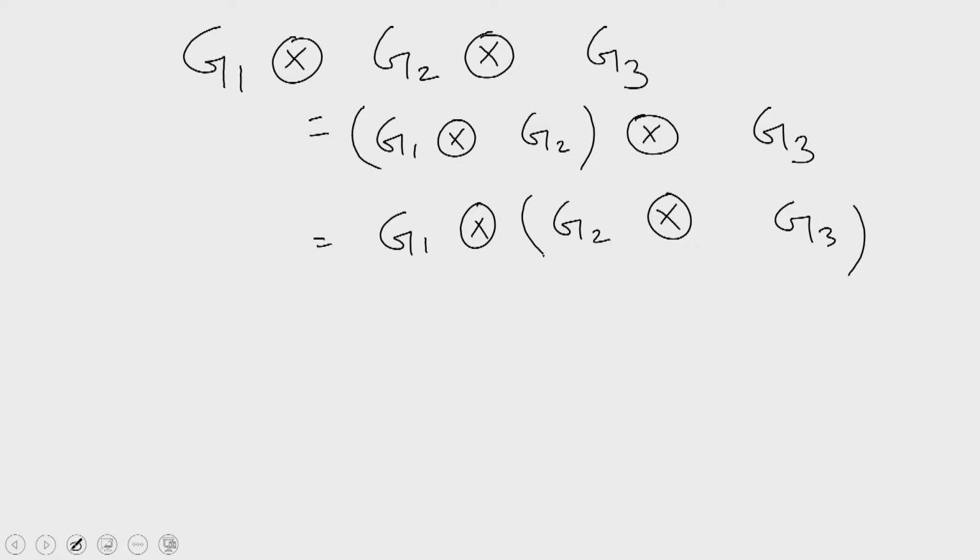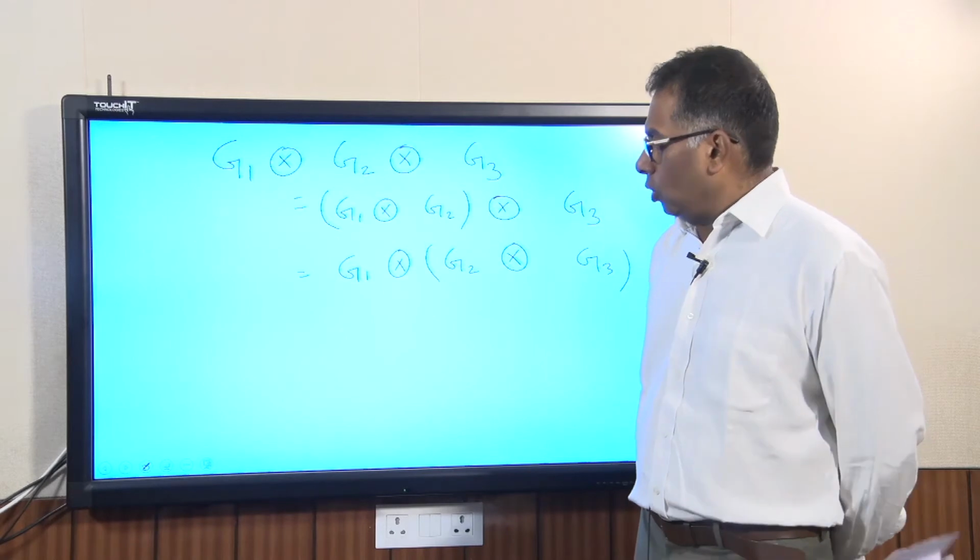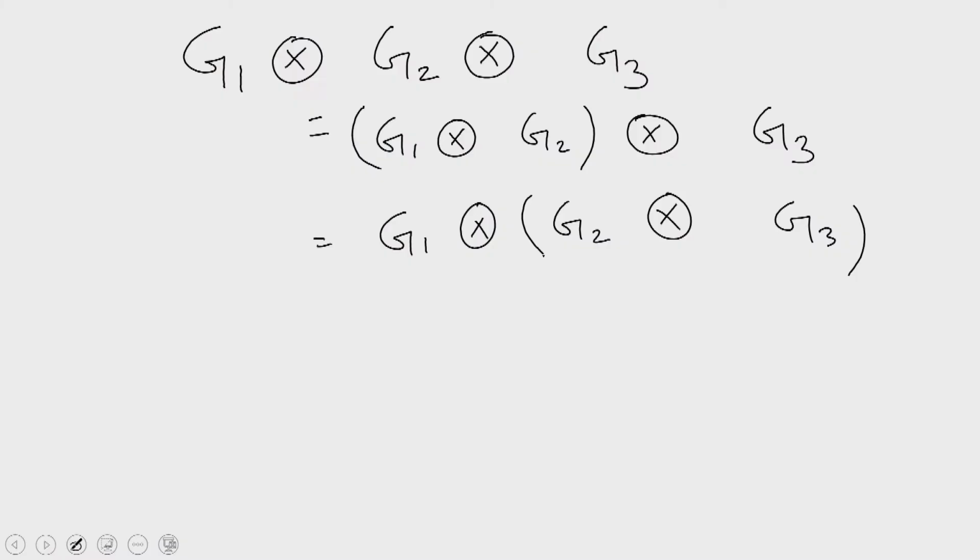In other words, the cross product of graphs is an associative operator. So this is an operator which is commutative as well as associative. Therefore, in general, we can write the expression G1 cross G2 cross G3 without parentheses. So the order of evaluation is not relevant.